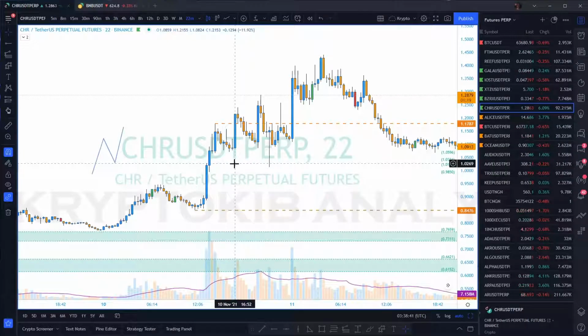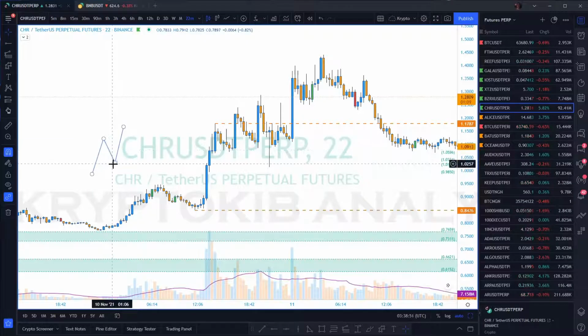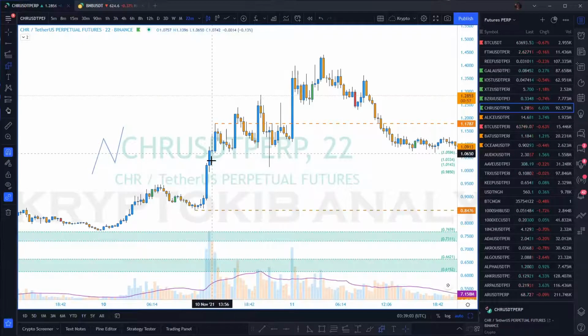How do we want to identify that? For this to be a valid swing, we have a low to a high, then we have a higher low and a high. Take this higher low and this higher high as just one candle. In that case, let's take per candle now.